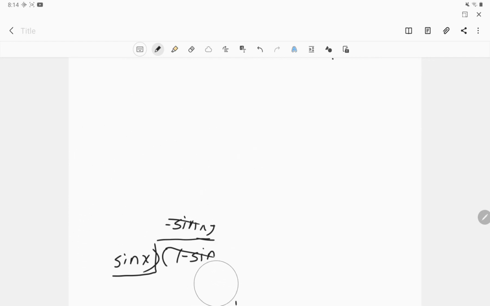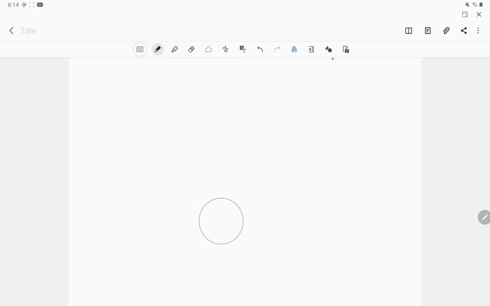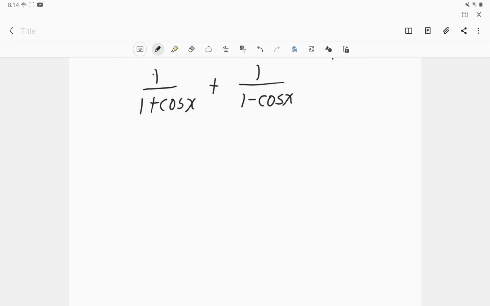Example number 6. We're only doing part A of example 6, and it gives you 1 over 1 plus cos x plus 1 over 1 minus cos x, and it wants you to simplify.